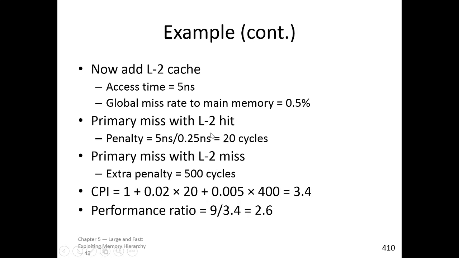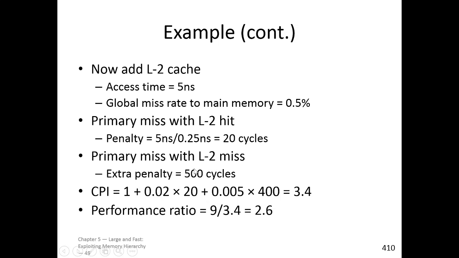Excuse me, that's a hit. That makes more sense. So a miss is 500 cycles, a hit is 20 cycles. So even going out to L2, a hit is significantly longer in CPU cycles, or clock cycles. So, big picture, putting it all together again.